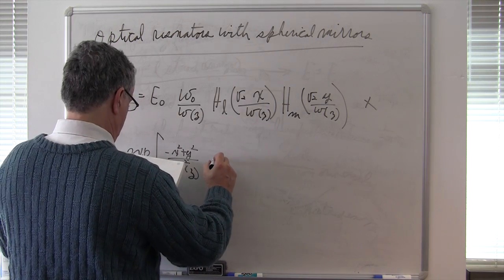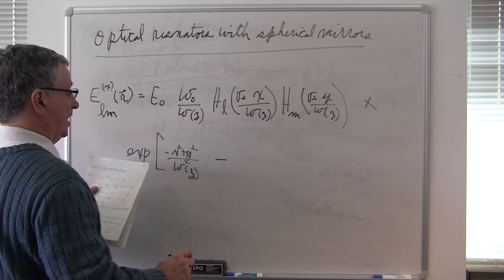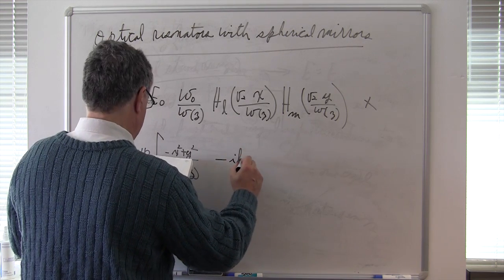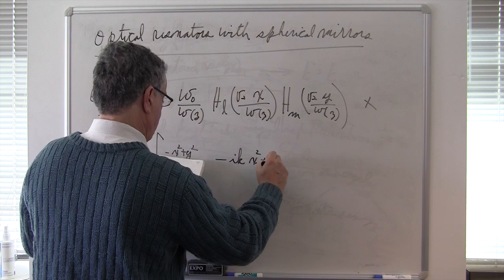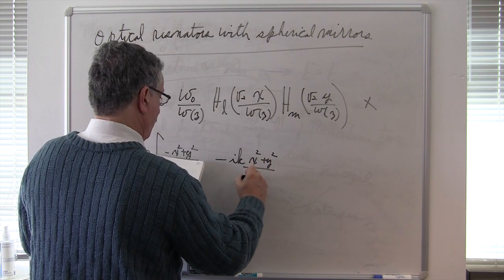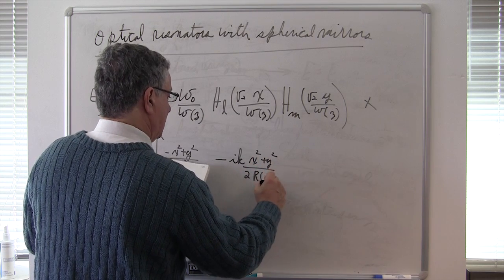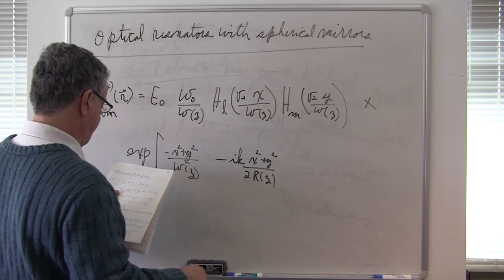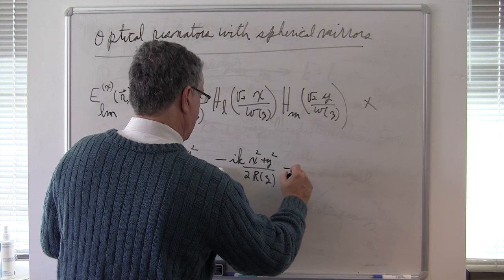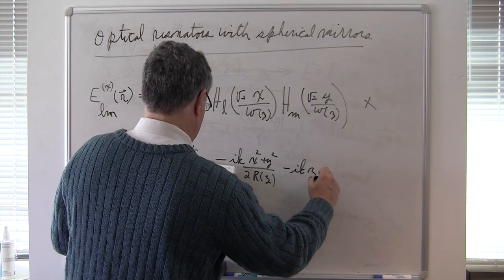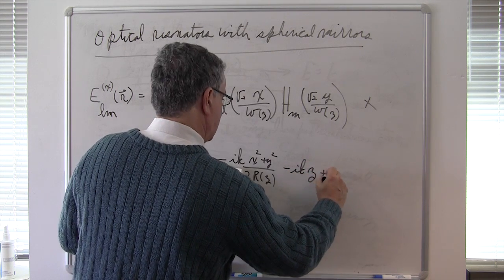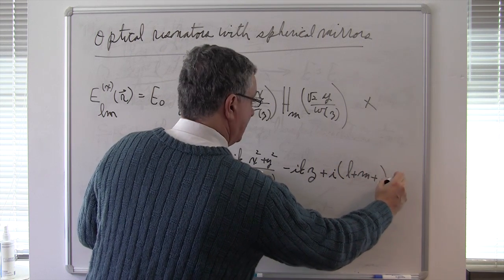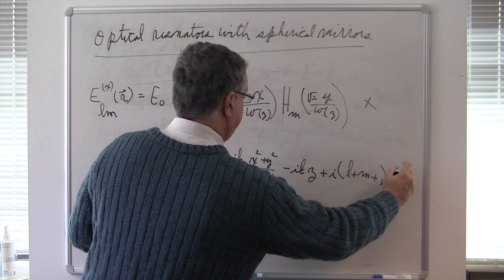Now we add the phase terms. We have ik times x squared plus y squared over 2R of z. This is the off-axis phase expression. And on the axis you get minus ikz and plus i times L plus M plus 1 times eta.